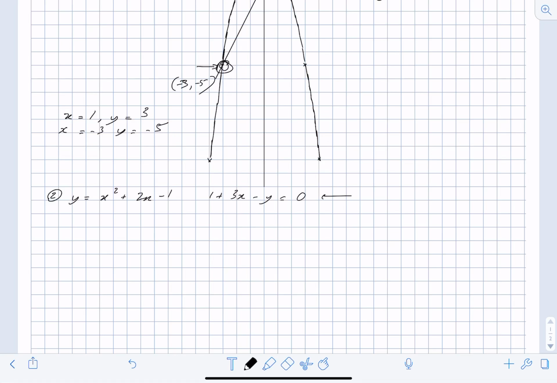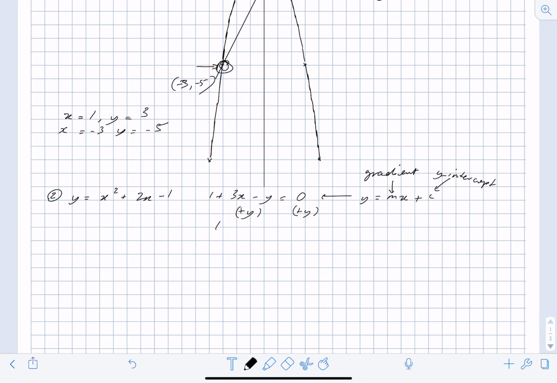It doesn't look like y equals mx plus c, where m is the gradient, as you all remember, and c is the y-intercept. It doesn't look like that at the moment, but I can get it into that form by adding y to both sides.